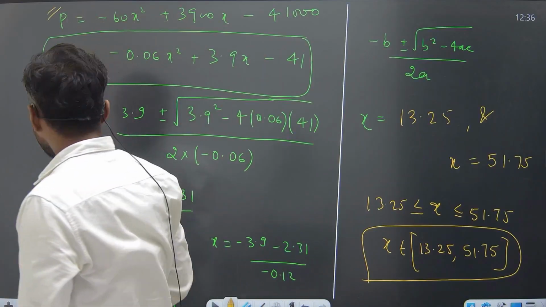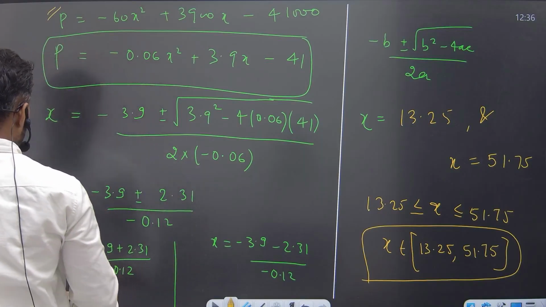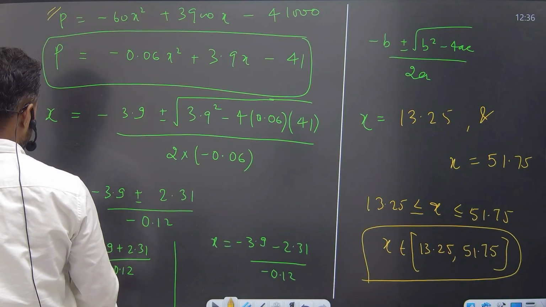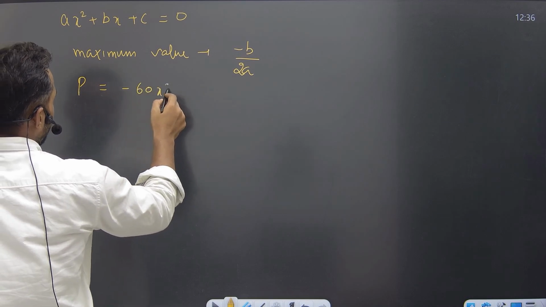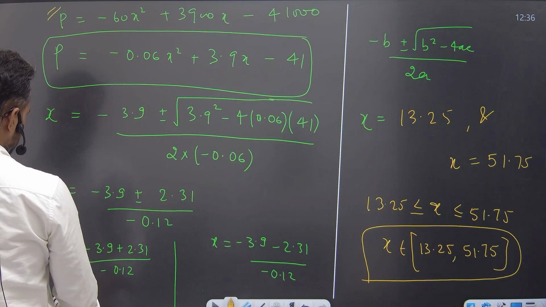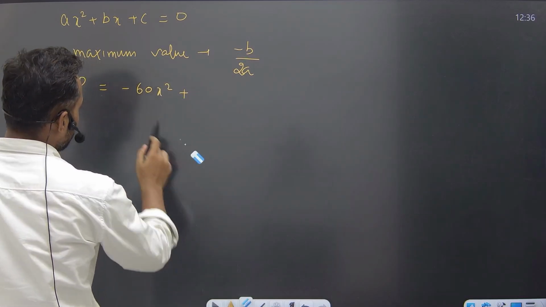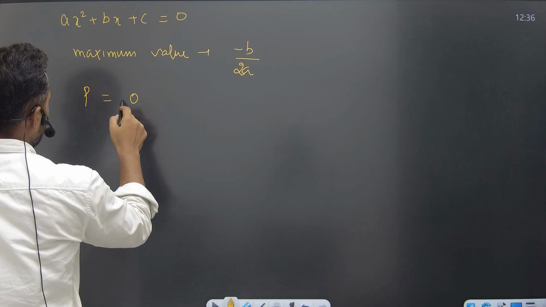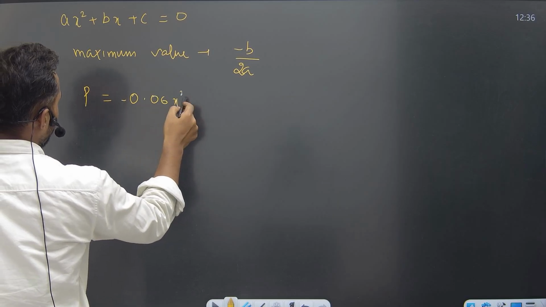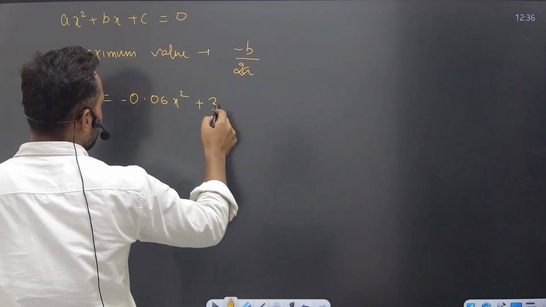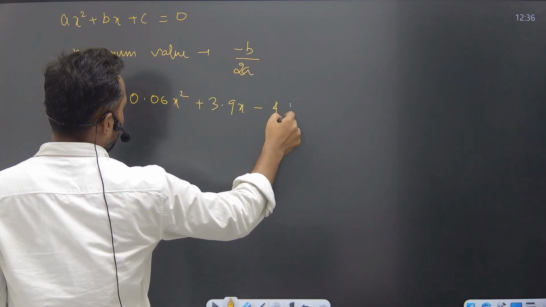So for this equation, the profit which we have achieved was p equals negative 60x square plus... sorry, we are talking in terms of 10,000, so it will not be negative 60, it will be negative 0.06x square plus 3.9x negative 41.